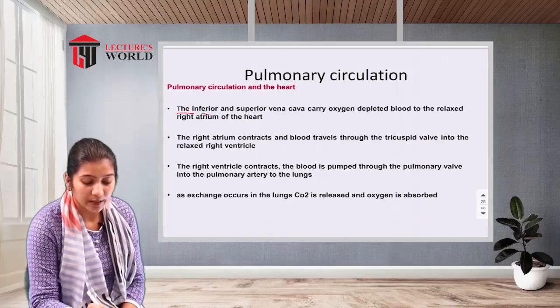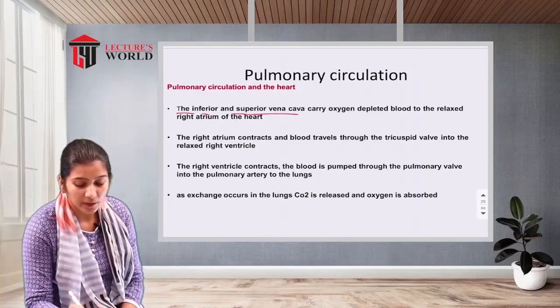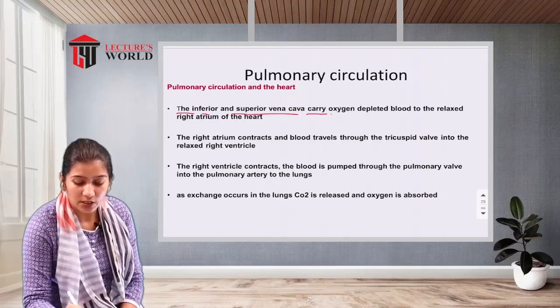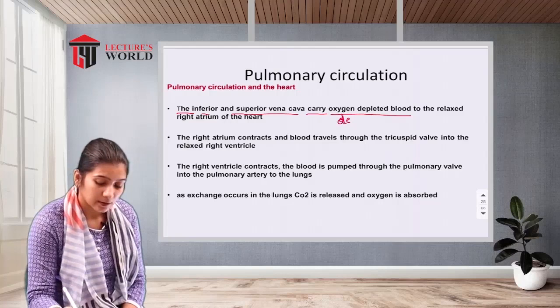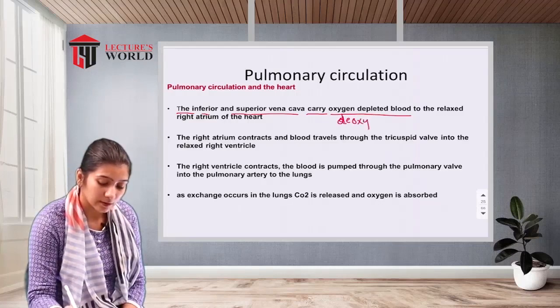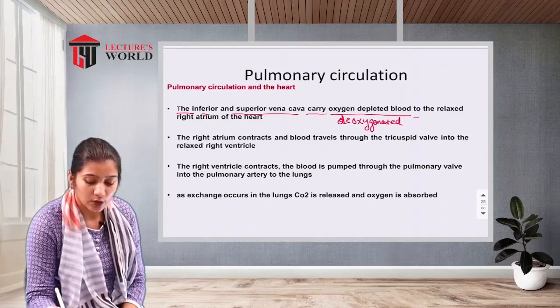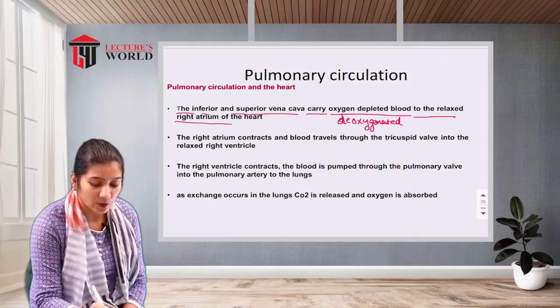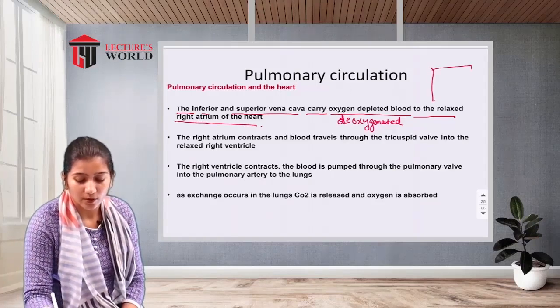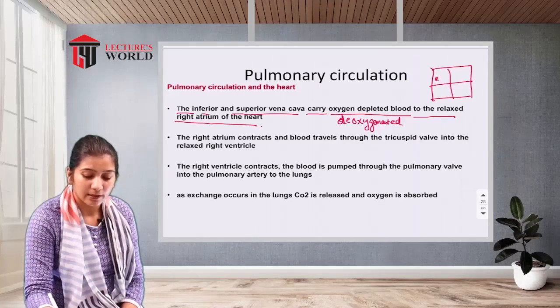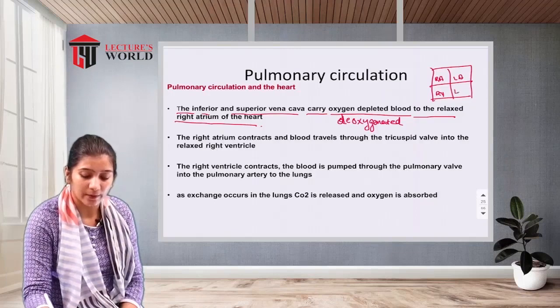The inferior and superior vena cava carry oxygen depleted blood, that is deoxygenated blood, to the relaxed right atrium of the heart. Suppose this is the heart, with the four chambers: right atrium, right ventricle, left atrium, left ventricle.